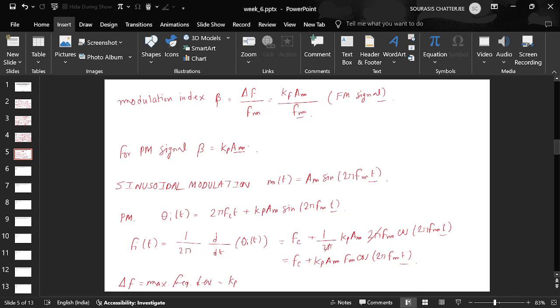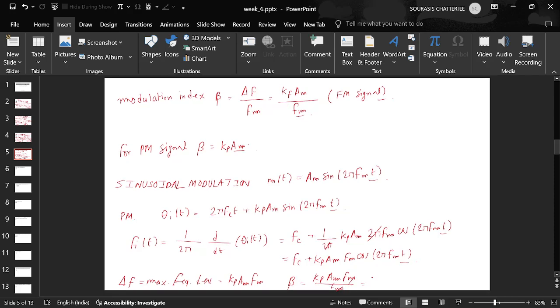So it's going to be kp Am fm. Similarly, if we compute the modulation index beta, it's nothing but kp Am fm over fm, which leads to kp Am. That is the modulation index of the phase modulated signal.